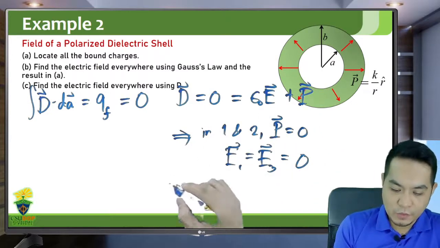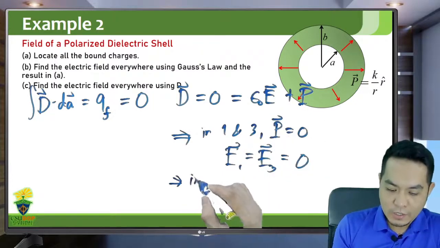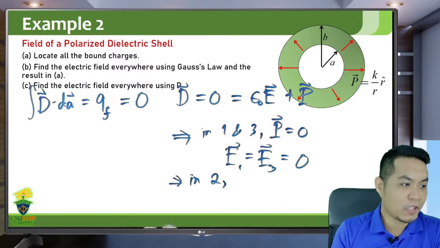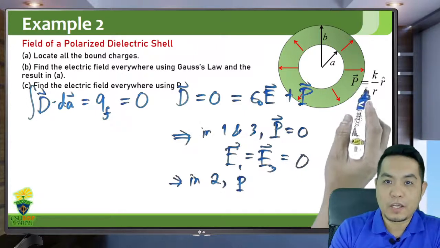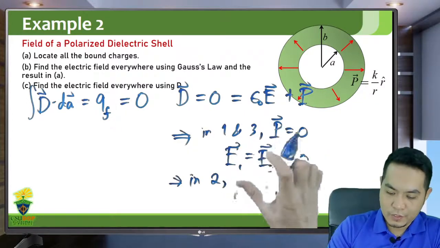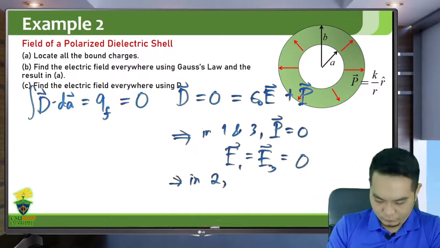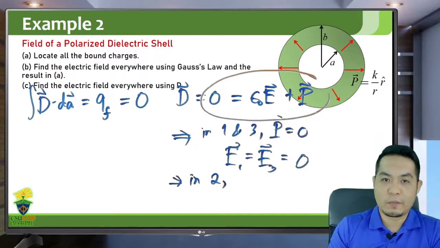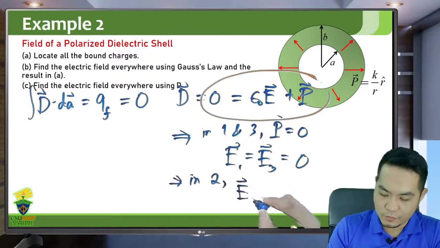Now in region 2, sorry, the previous one was region 3. In region 2, we are given a polarization. The polarization is actually this one, K over r, in the r hat direction. So from this equation, given the polarization, we can solve for the electric field in region 2.